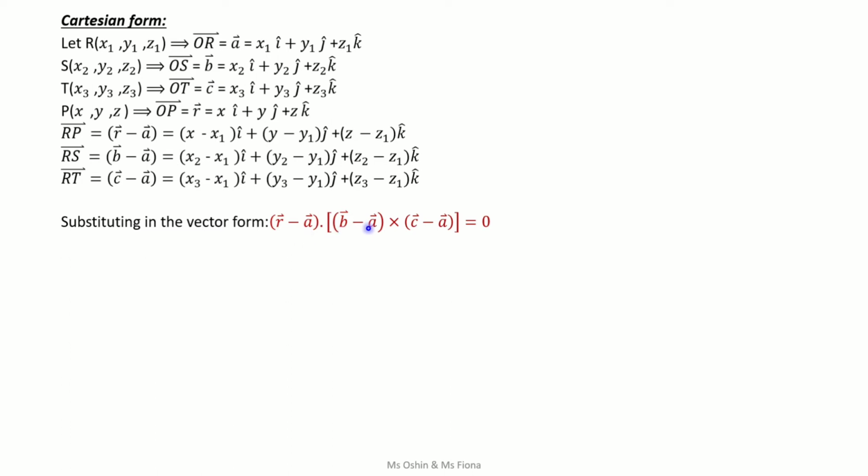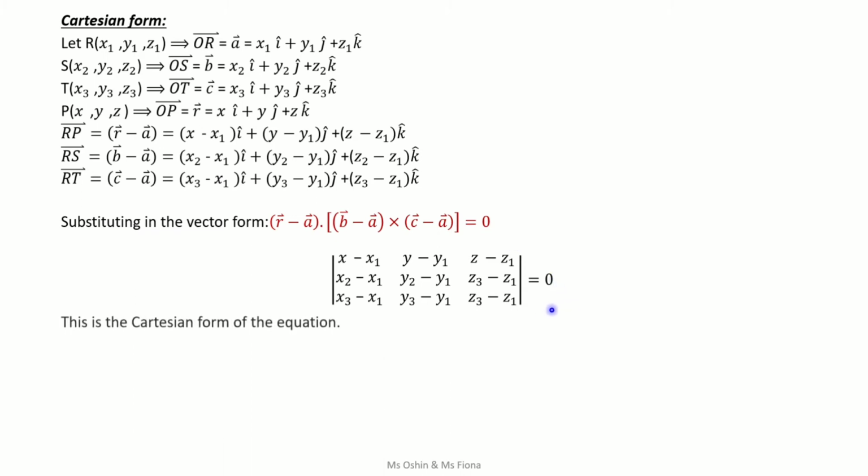Observe that we are taking the scalar triple product. So the first row of the determinant will be components of vector r minus vector A. Second row of the determinant will be components of vector B minus vector A. And third row of the determinant will be components of vector C minus vector A. And this is equal to 0. This is our Cartesian form of the equation.